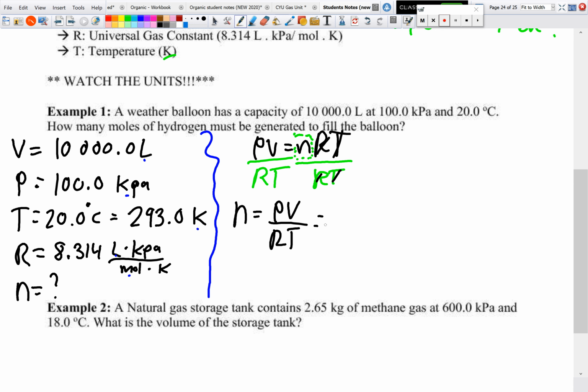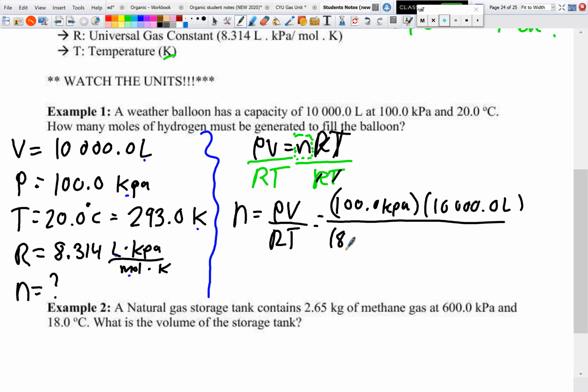And of course I already looked at all my units, so I know my units are fine, so I can just go right ahead and plug all these values in. So my pressure is 100.0 kPa. My volume is 10,000.0 liters over R, 8.314 liters kPa over moles Kelvin.